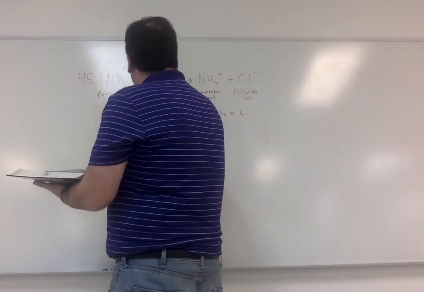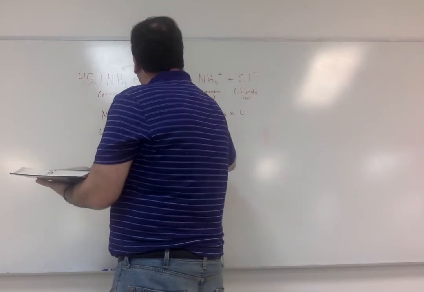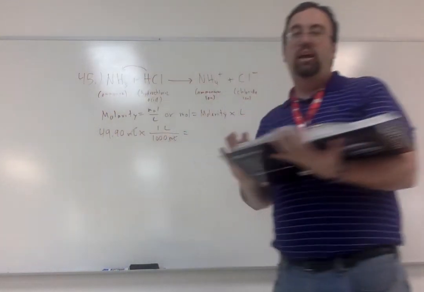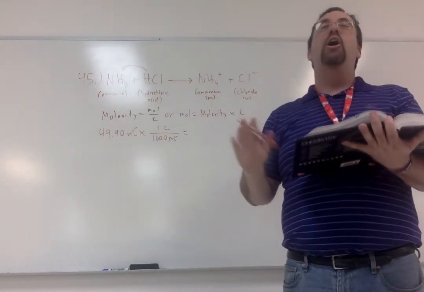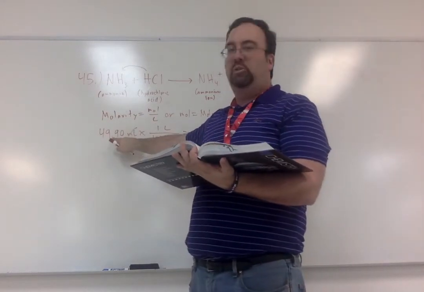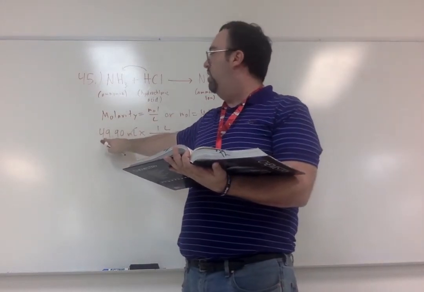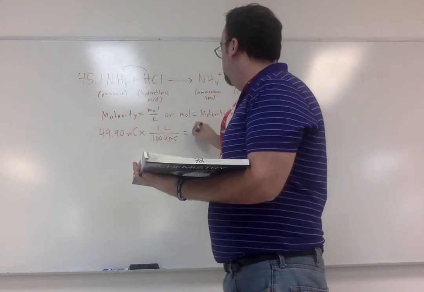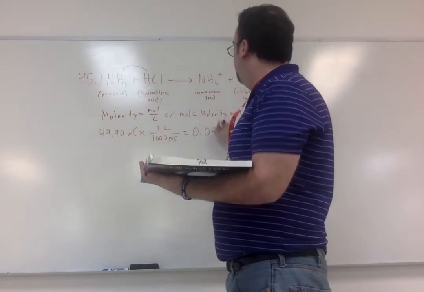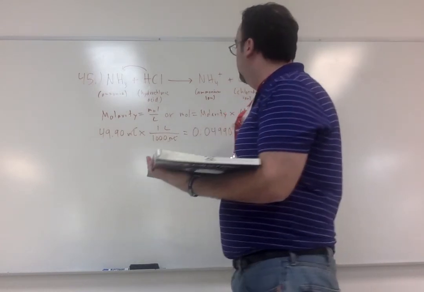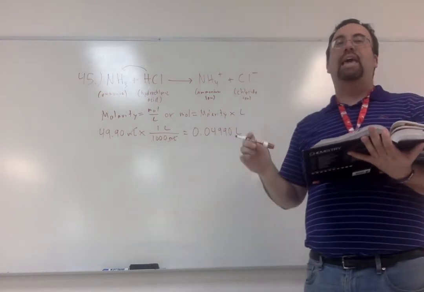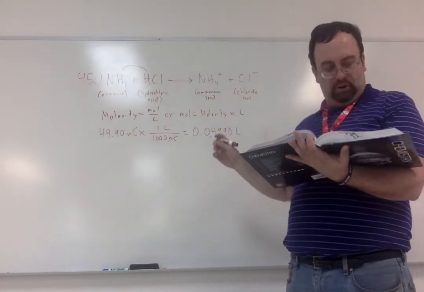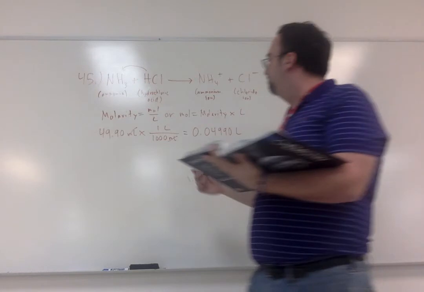Remember that there are 1,000 milliliters in a liter. So to solve this, we're going to move the decimal place to the left 3 places. 1, 2, 3. This is going to equal 0.04990 liters.